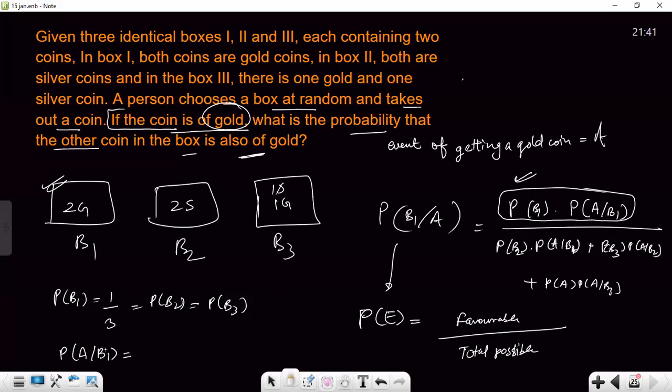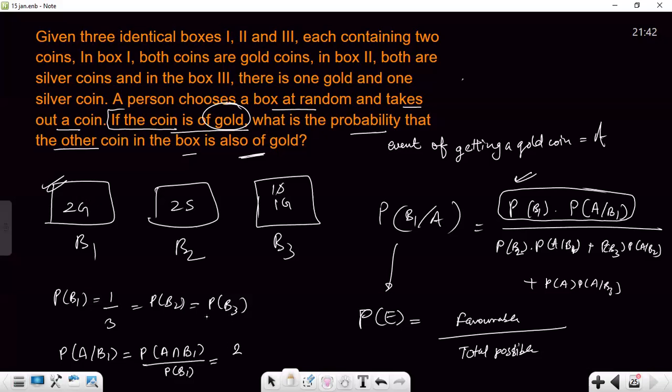Okay, it is given that B1 box has been chosen. So its formula is divided by the choosing probability of B1 box. So we can also find out by this how many gold coins are there in B1 box.